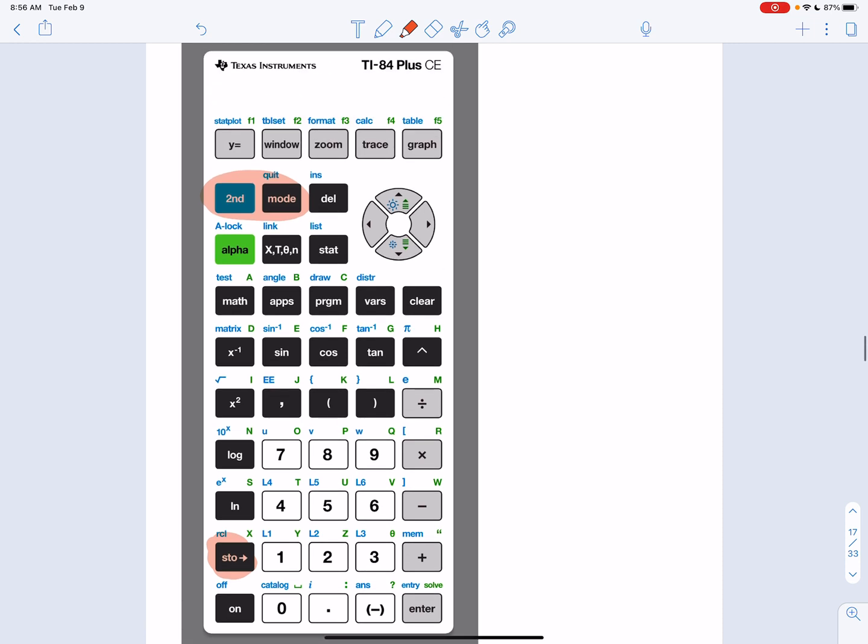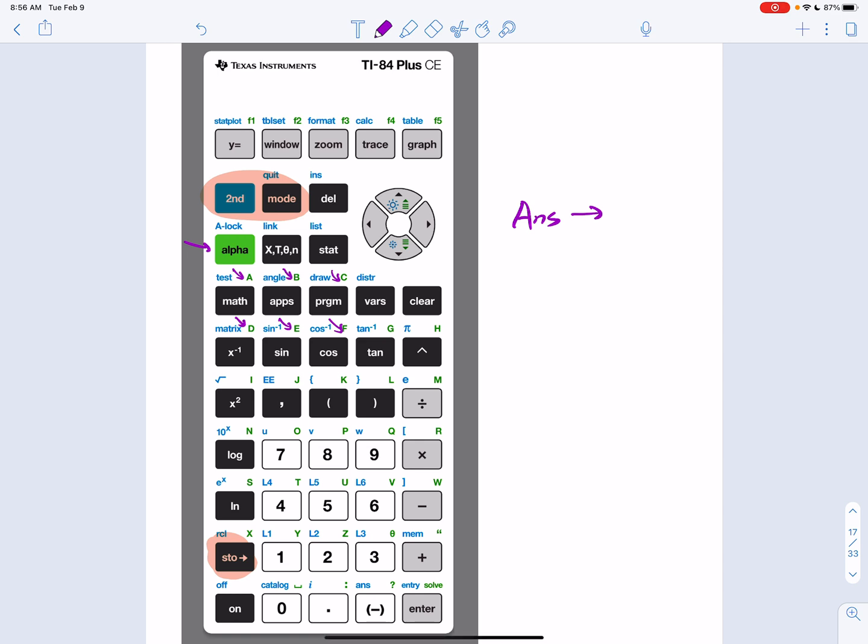When you press that, I'll do that with you. On your screen, it should say ANS arrow. So what we're saying is we're turning our answer into something. If you take a look at this entire calculator, all of the green stuff are letters, and then we have a green button.